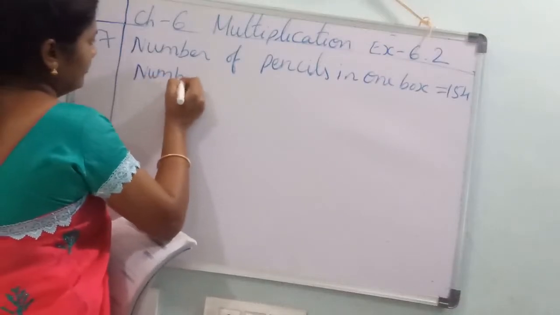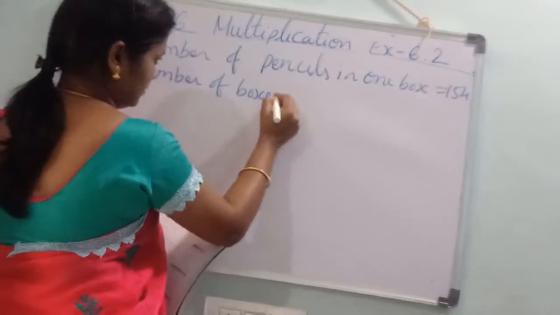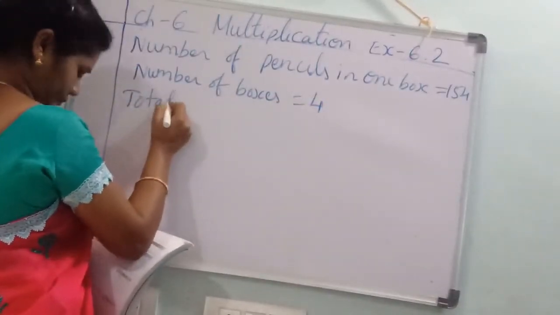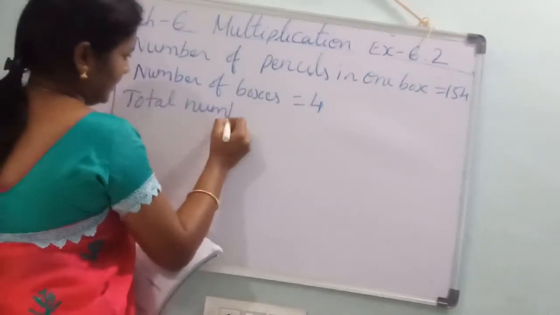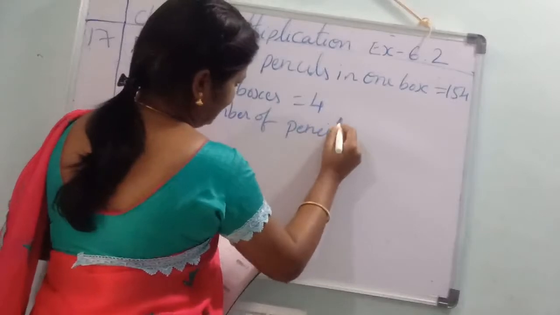Number of boxes is equal to 4. Total number of pencils.